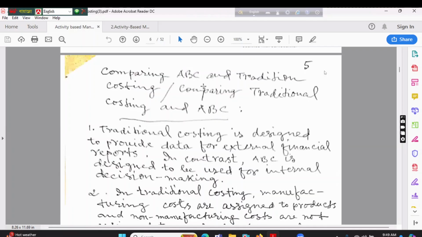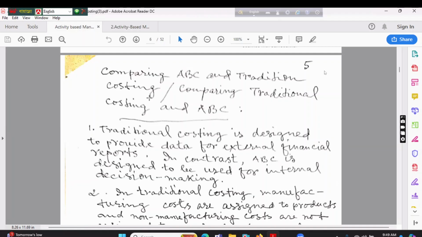Comparing ABC and traditional costing. Traditional costing, or conventional costing, or traditional absorption costing. You have determined product cost under variable costing and absorption costing.